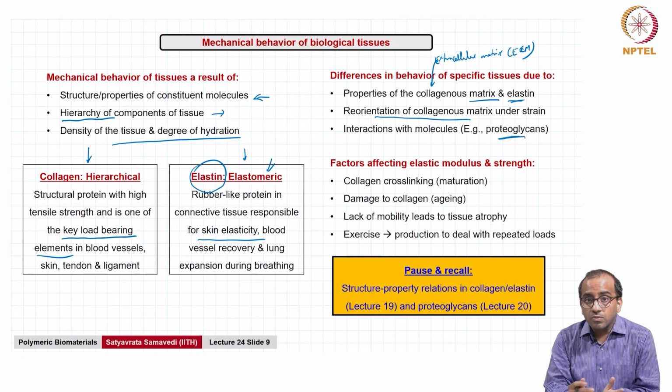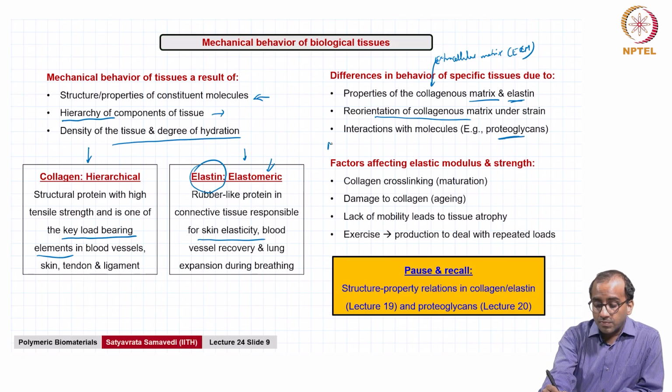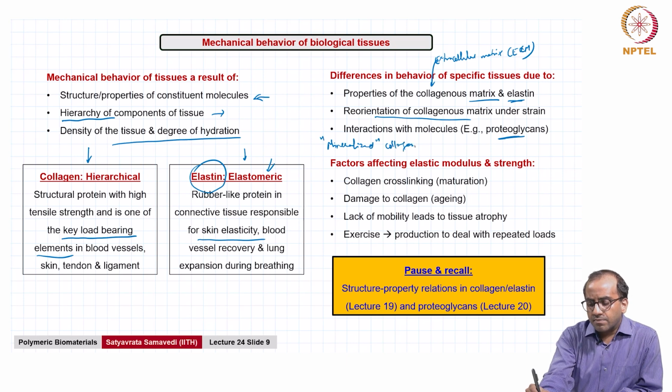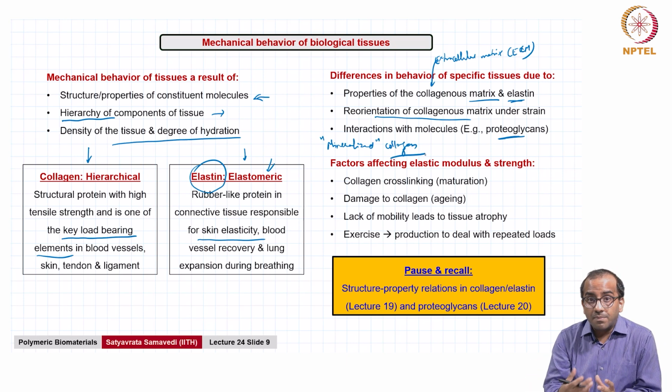In bone, you will have mineralized collagen, essentially some kind of apatite, some kind of calcium phosphate mineral associated with collagen. That's the inorganic matrix associated with the organic collagen that leads to its specific properties.